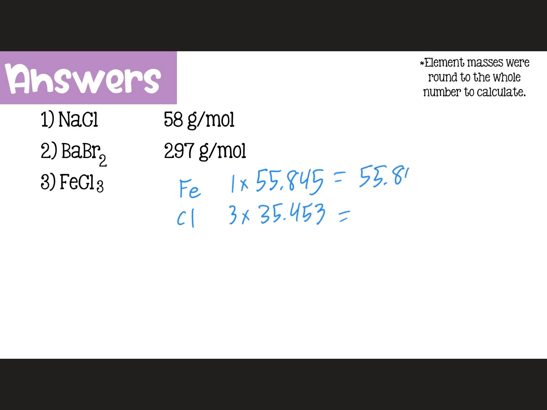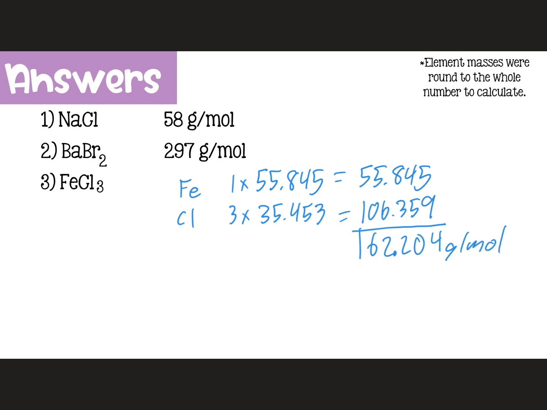If we multiply each of these rows, we get a total mass of iron of 55.845 and a total mass of chlorine of 106.359. We can then add these together to get a molar mass of 162.204 grams per mole for iron 3 chloride. However, if you used whole numbers for your atomic masses, you would have only gotten 161 grams per mole.